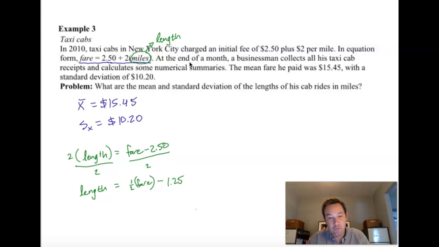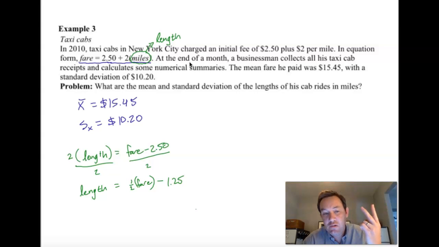All right, so now I have this equation for length, and you can think of this equation for length as a transformation to fare, which I already have my data on, right? So I'm taking the fare, I'm multiplying it by half, and then I'm subtracting $1.25. So two transformations there. There's a multiplication and there's a subtraction.